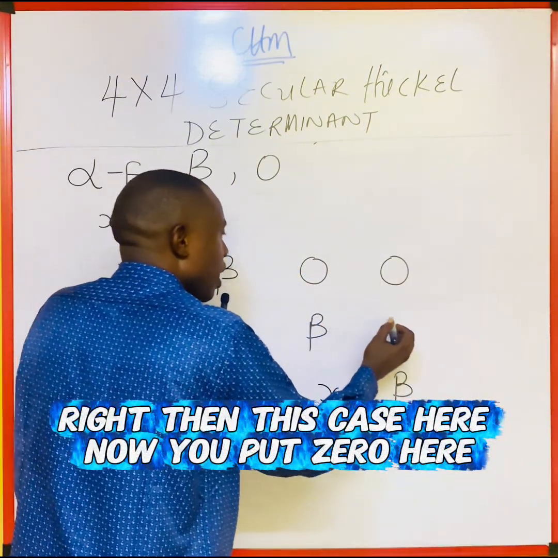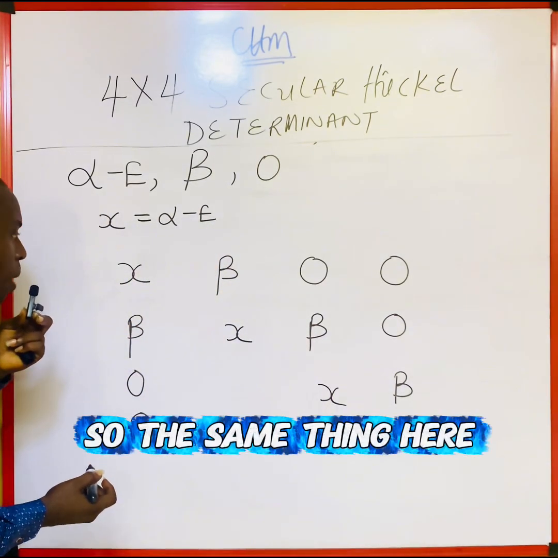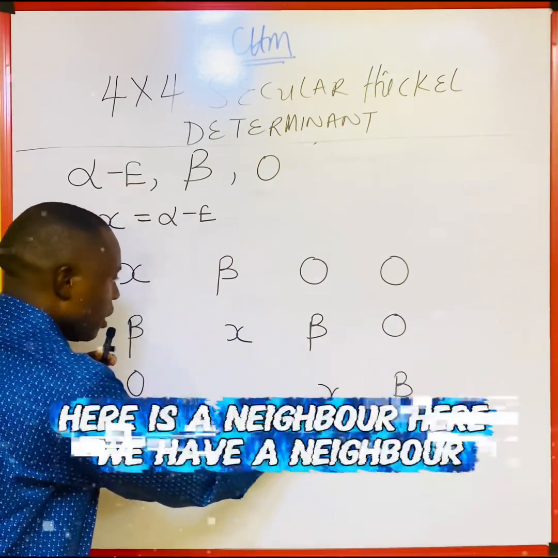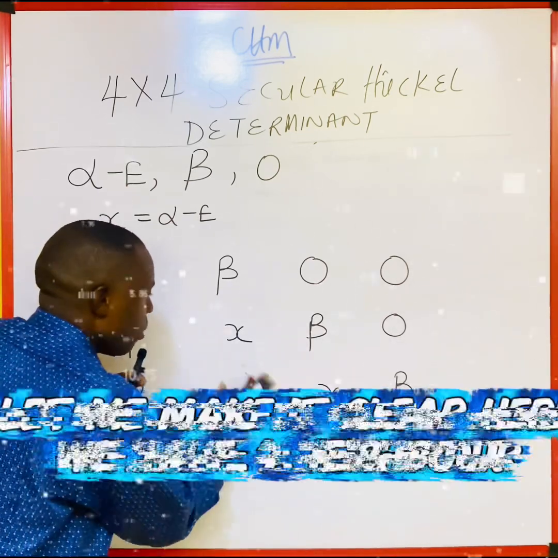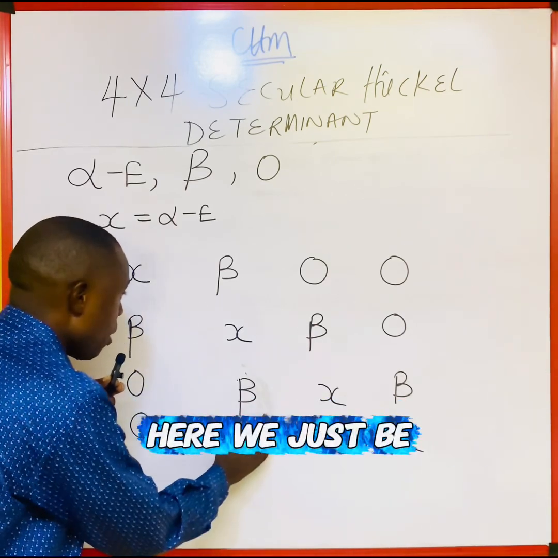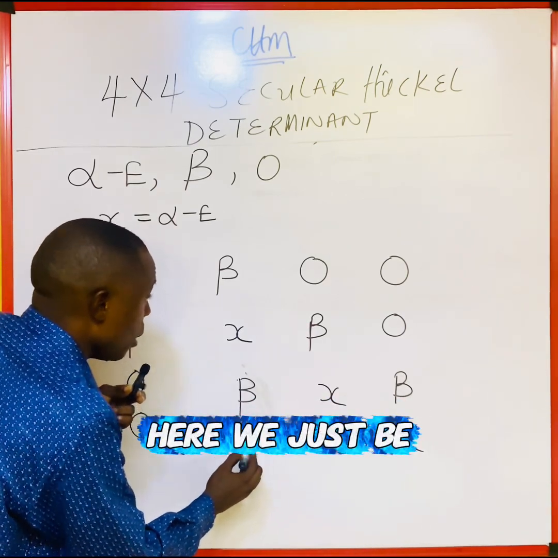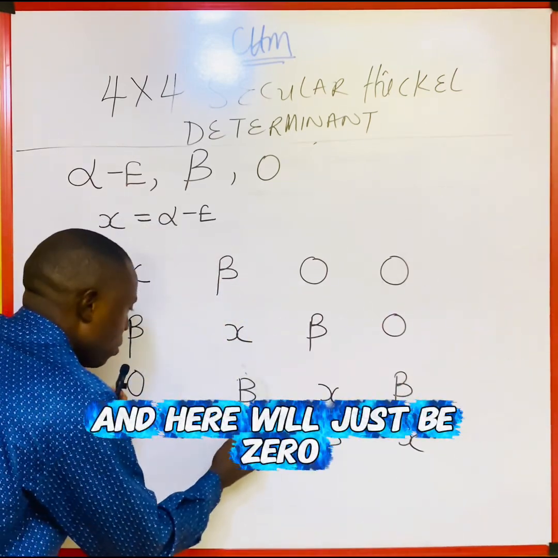Then in this case here now you put 0 here. So the same thing here. Here is a neighbor. Here we have a neighbor. Let me make it clear. Here we have a neighbor. Here we also have a neighbor. Then here will just be 0.